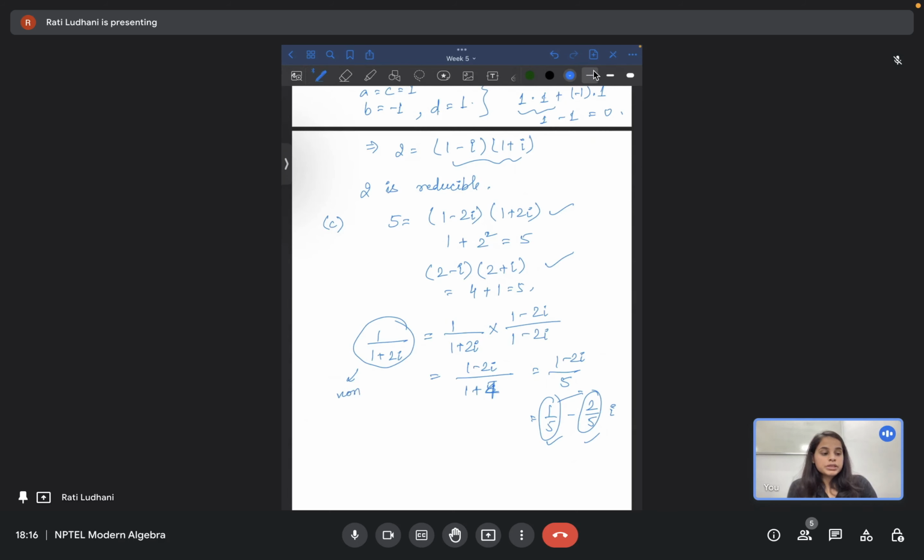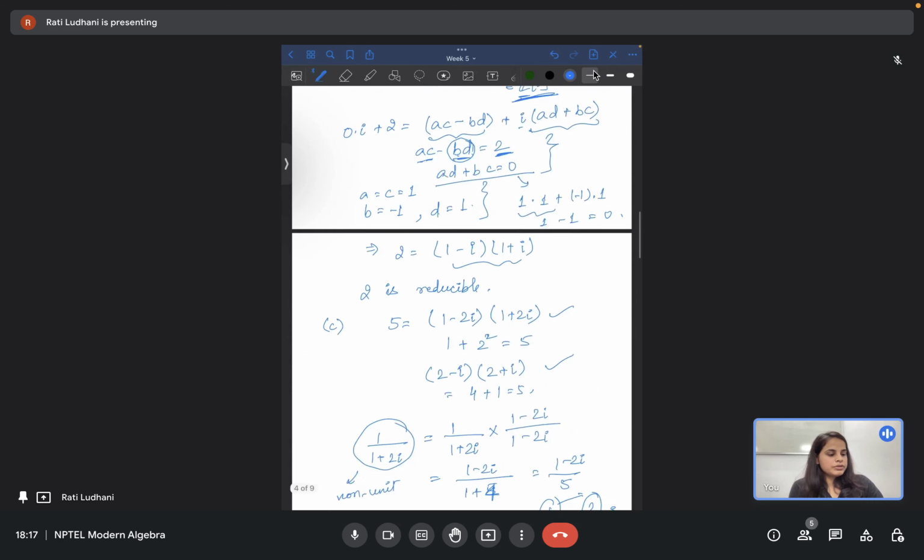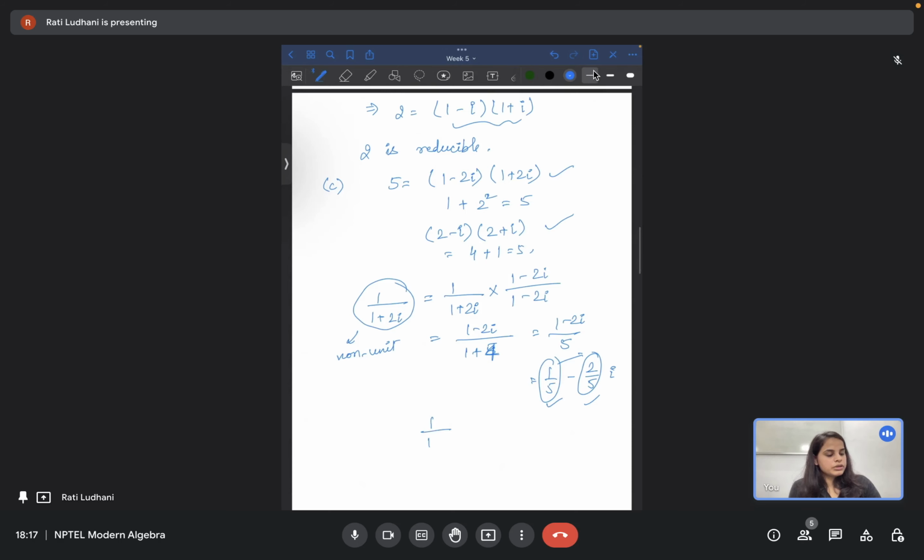So a unit element is one which is invertible in your ring, like there is some inverse for it. If that is not, then these are called non-unit elements, right? So you can check for everything, even with 1 minus iota.